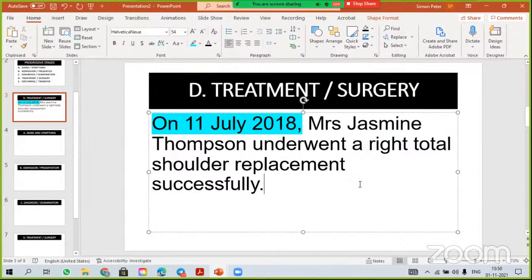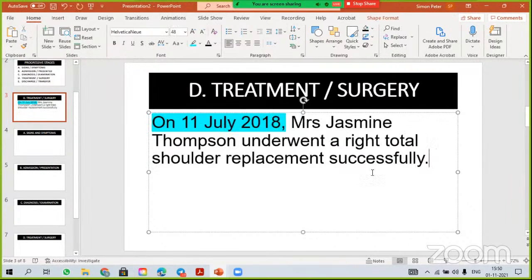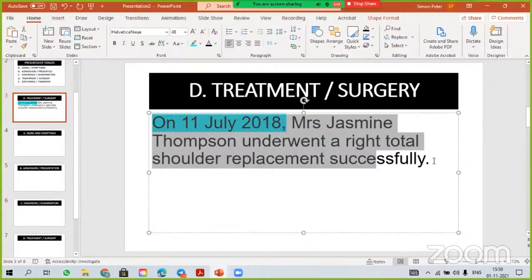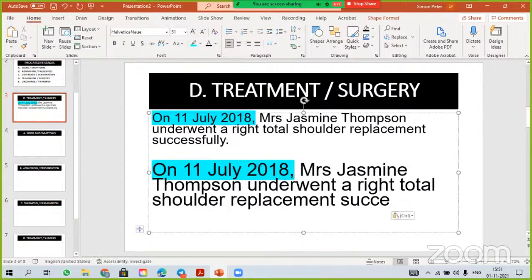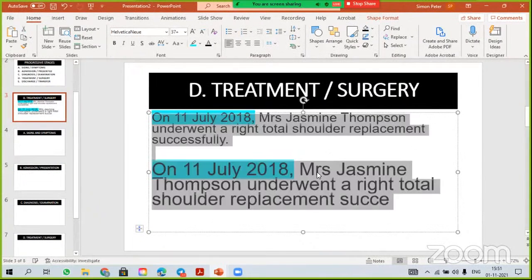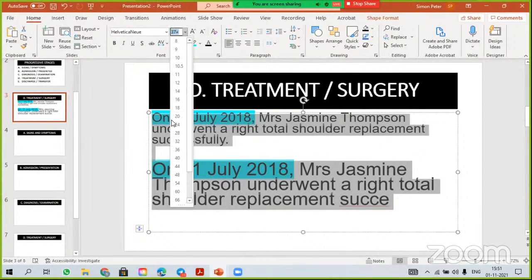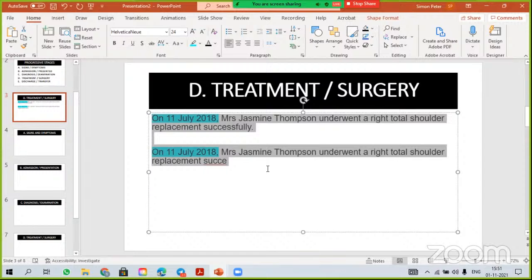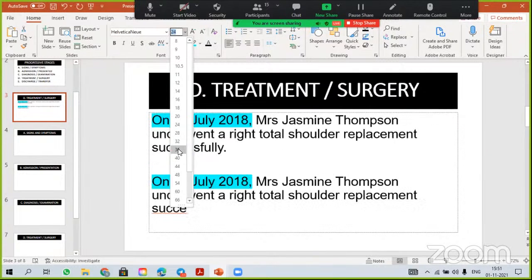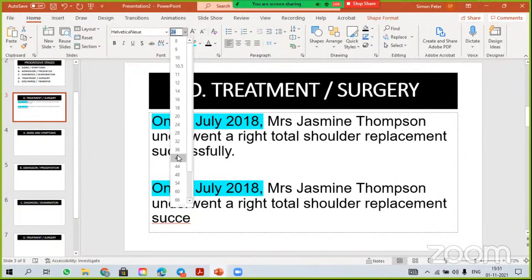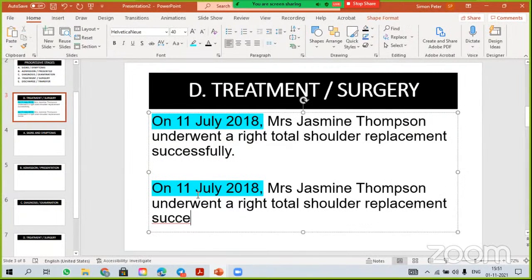Okay, the same thing can also be written as follows. Now see here, this successfully you can remove from here.